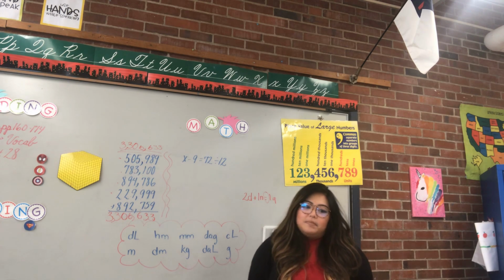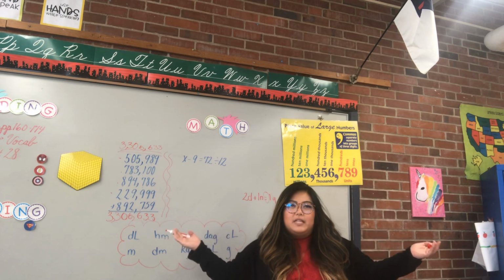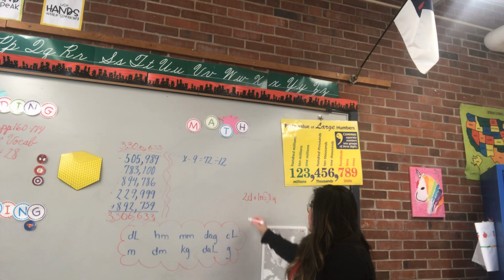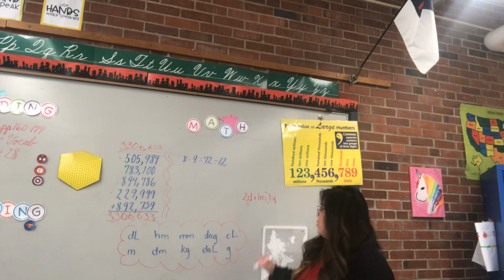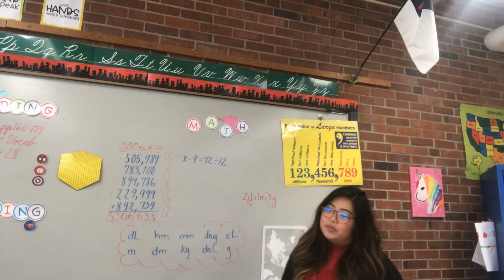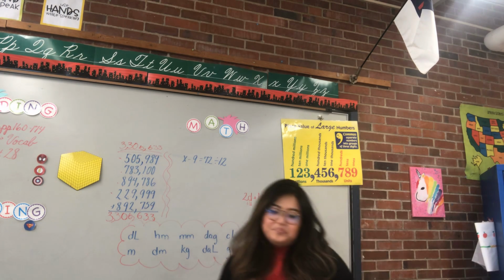Equal means the same as. We have like a balance where we want to keep everything balanced. So if I added 1 dime to this side, what would I have to do to this side to make it equal? 1 dime. Yeah, you're right. If I subtracted 1 dime, I would have to subtract a dime over here.